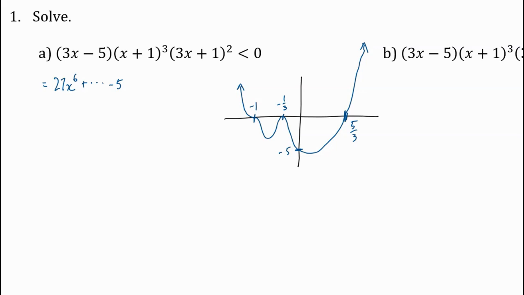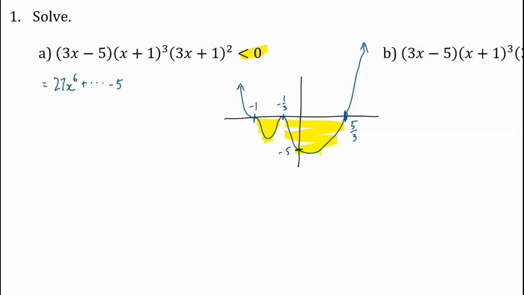Now, how do we read our answer? Where is it less than 0? Looks like in this section and in this section. It's strictly less than, not less than or equal to. So I don't include the point of -1/3.